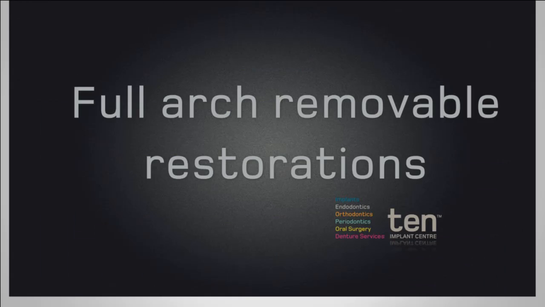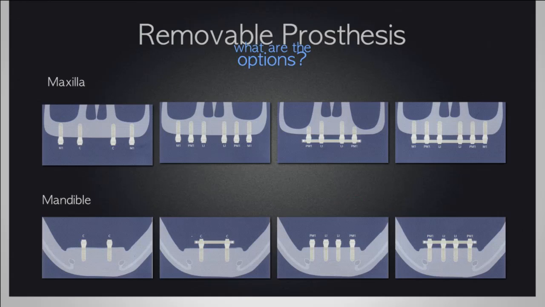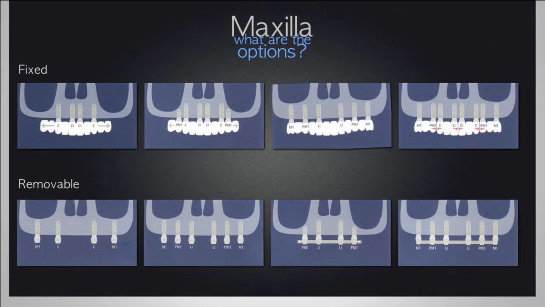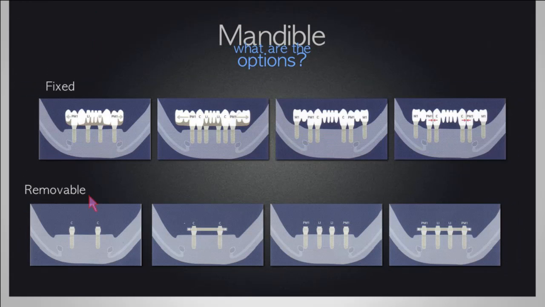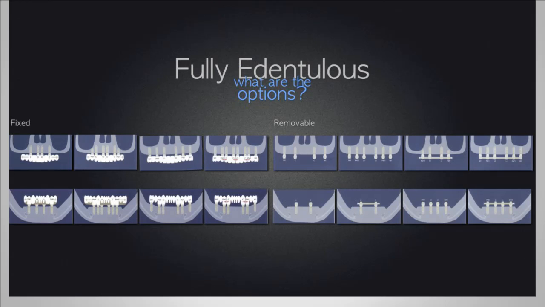So you can see there's a huge variety you can offer your patients in fixed and removable restorations. Looking at the options, in the mandible you need a minimum of 2 implants and a maximum of 6 in most cases, and in the maxilla a minimum of 4 and a maximum of 8 can be used to restore a full arch.